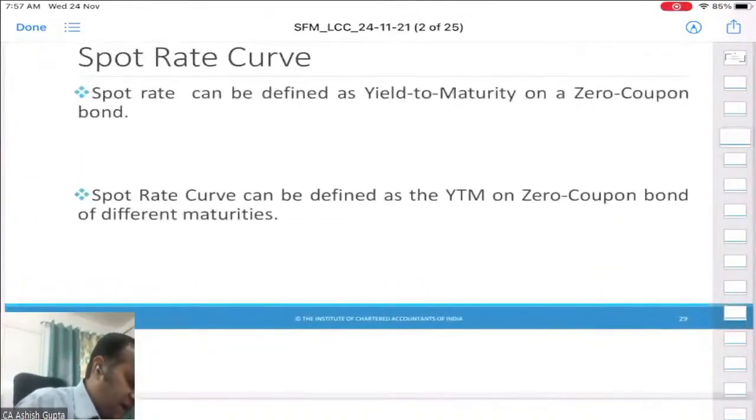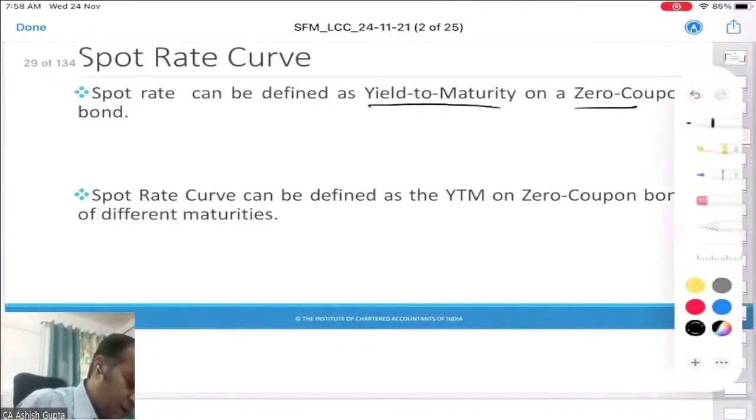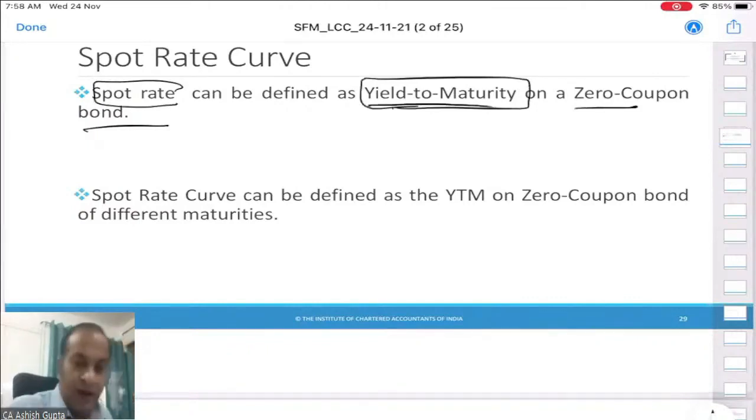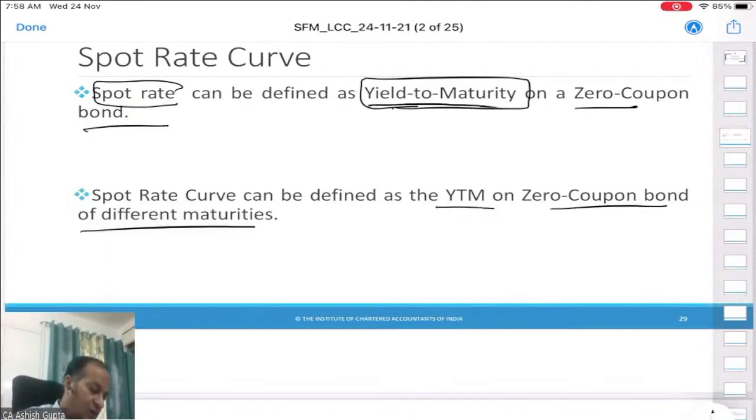Now the spot rate curve can be defined as the yield to maturity on a zero coupon bond. As you know, a zero coupon bond does not carry any coupon payment. The spot rate curve can be defined as the YTM on a zero coupon bond of different maturities.